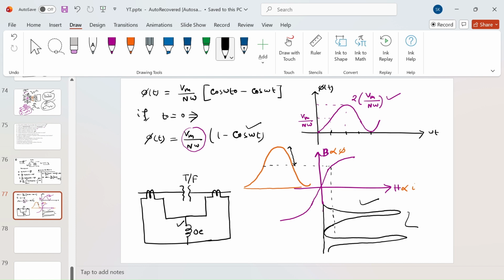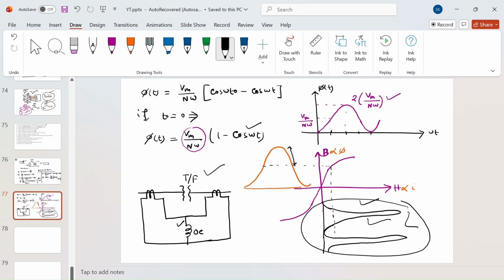But practically, this inrush current lasts for a very short duration and is not even harmful. But it can trip the circuit breaker and isolate the transformer. Although we can use some kind of insertion resistor in the transformer to limit these inrush currents.